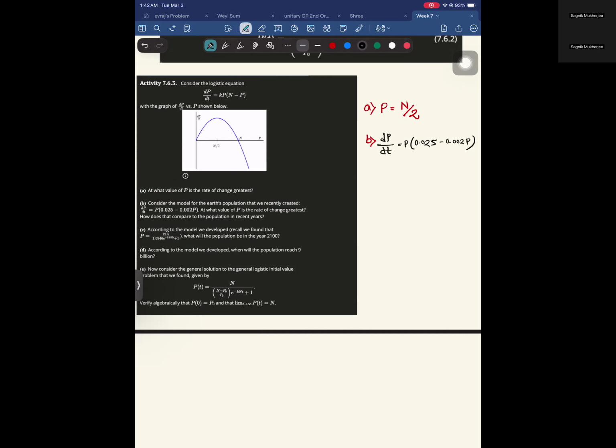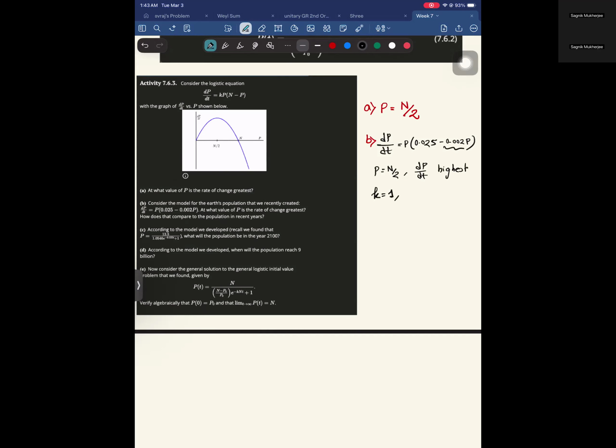And again, they're asking at what value of P the rate of change is greatest. So we just saw in the last question that when P is n over 2, dp/dt is highest. And n is this, right?